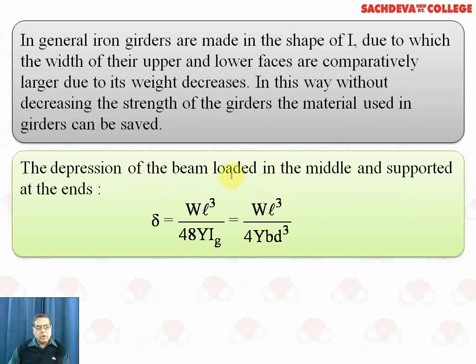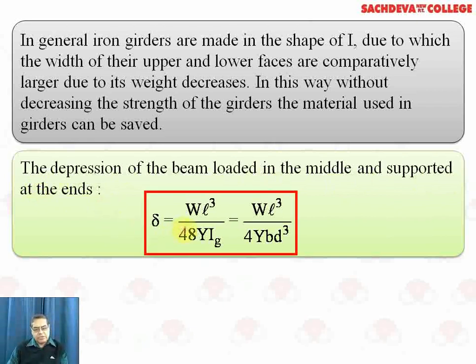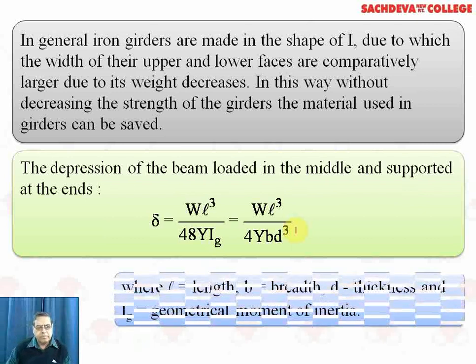The depression of the beam loaded in the middle and supported at the ends is given by the function, that is, delta is equal to WL cube over 48 Y Ig, is equal to WL cube over 4 Y BD cube, where D is the thickness, L is the length, Y is the Young's modulus, and W is the load.